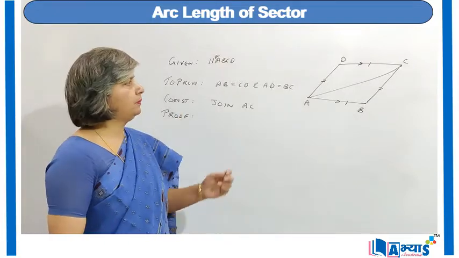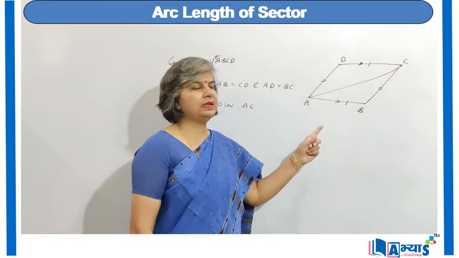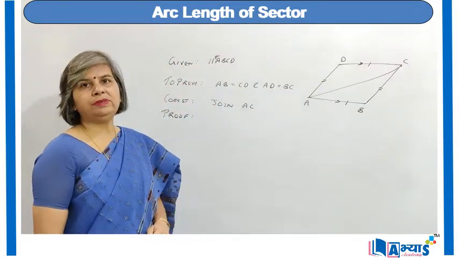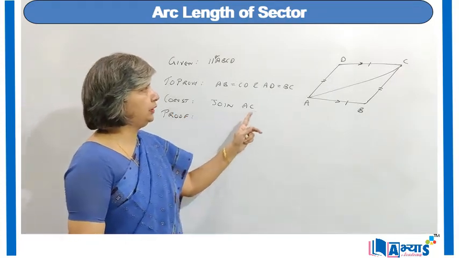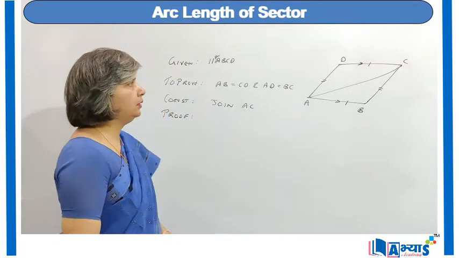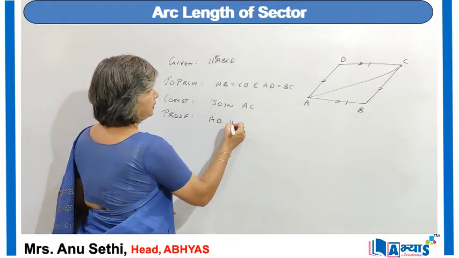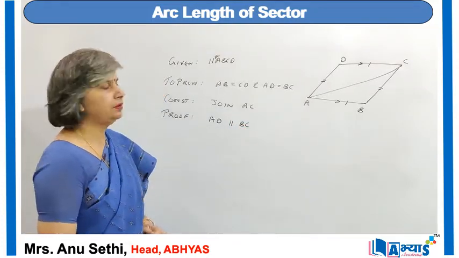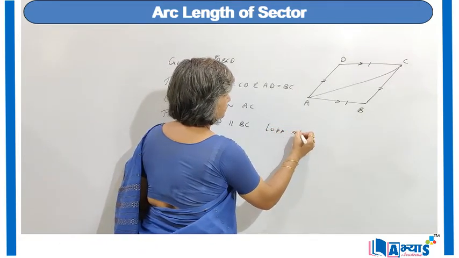That means we were given a parallelogram ABCD and we were supposed to prove that the opposite sides are equal. That means AB is equal to CD and AD is equal to BC. For this we have done a construction. We have joined AC, that is the diagonal. Now we see that AD is parallel to BC because they are the opposite sides of a parallelogram.